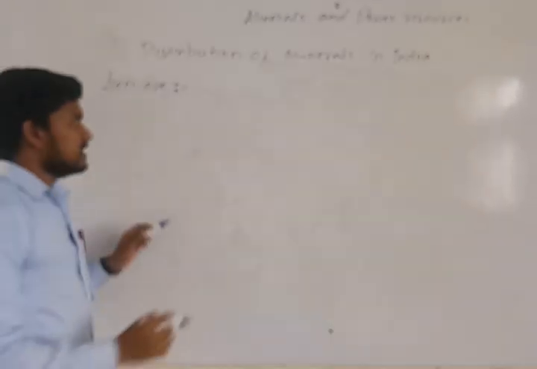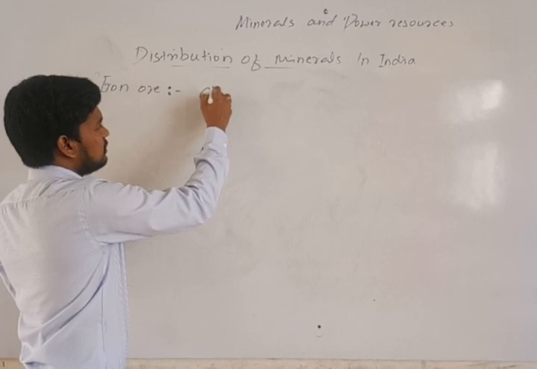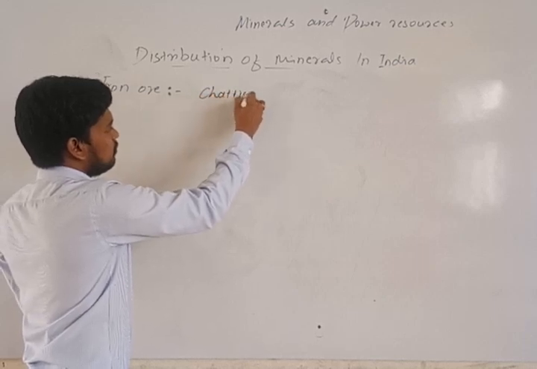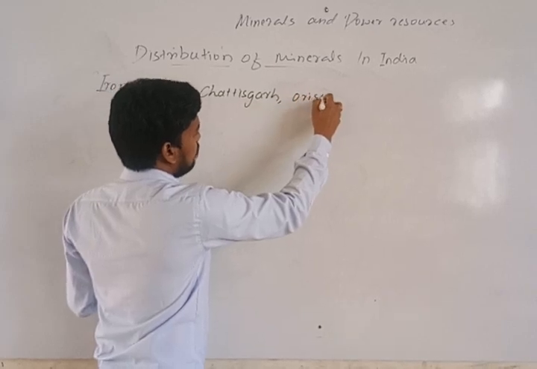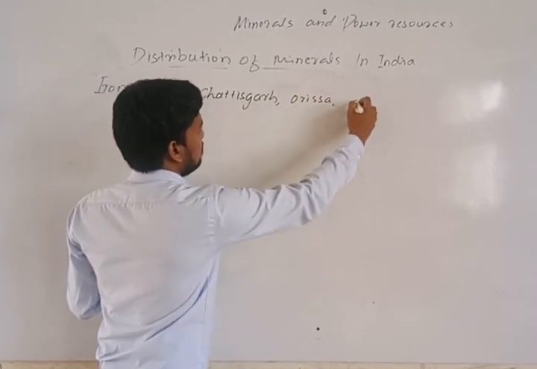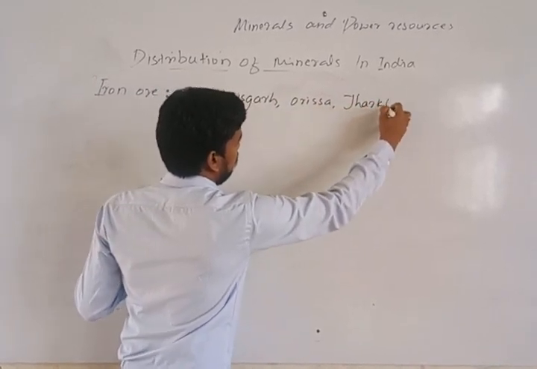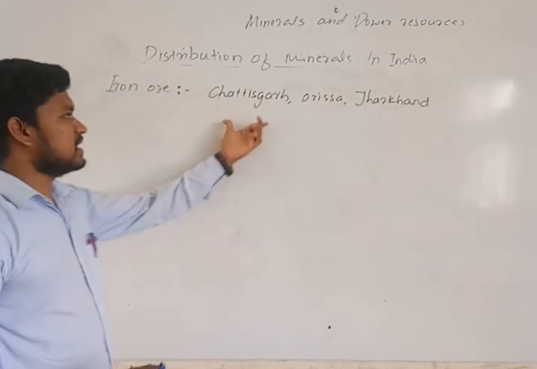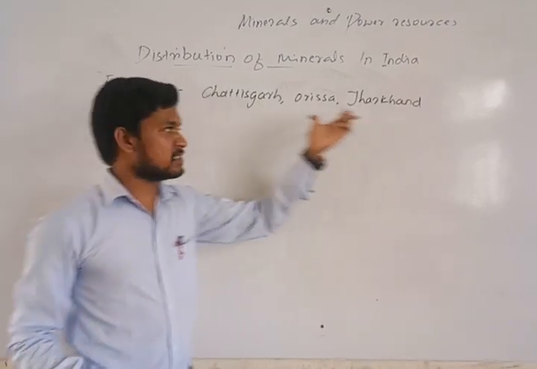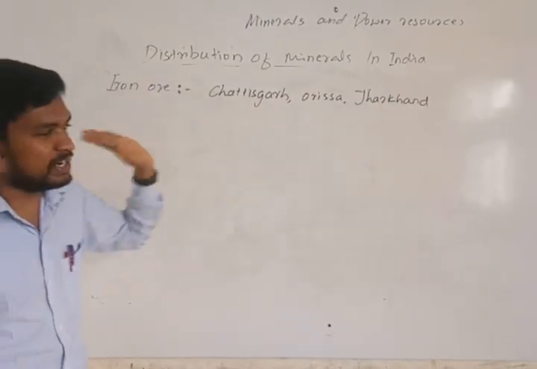The states of India, mainly Chhattisgarh, Orissa and Jharkhand, these three important states have deposition of iron ore, and they are the leading producers of iron ore in India.